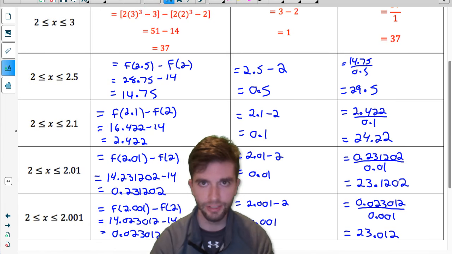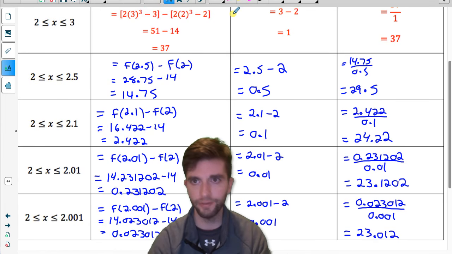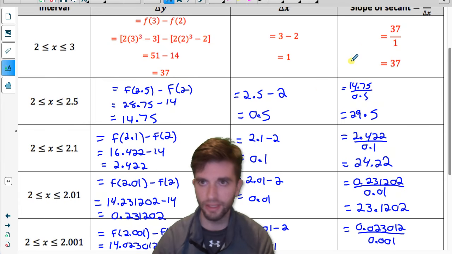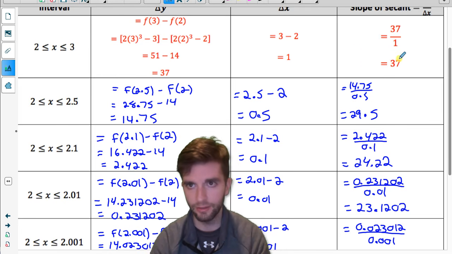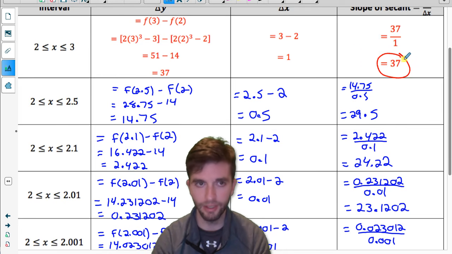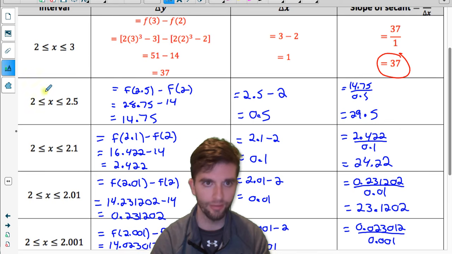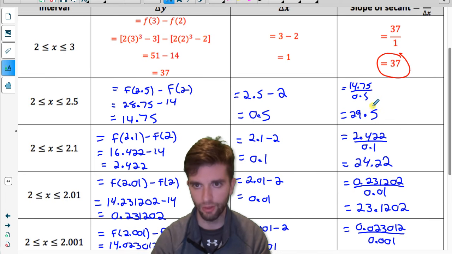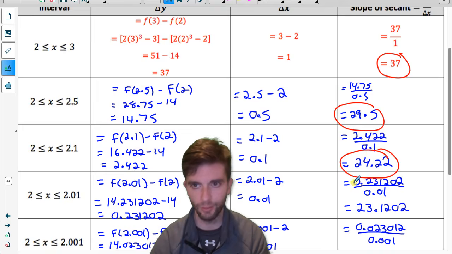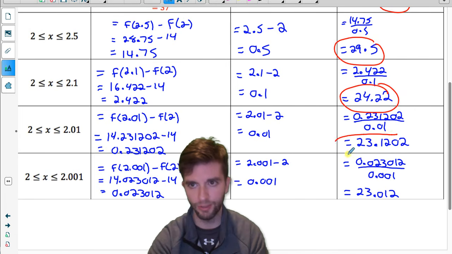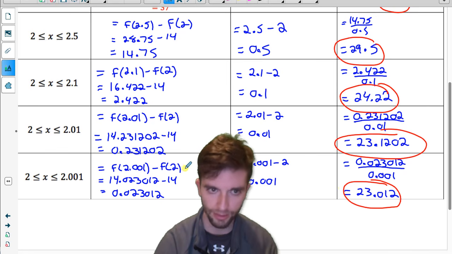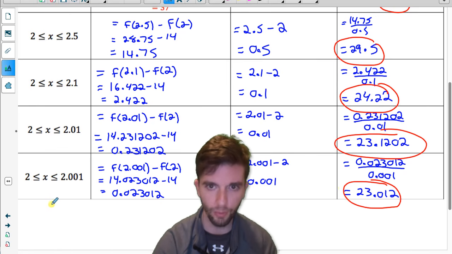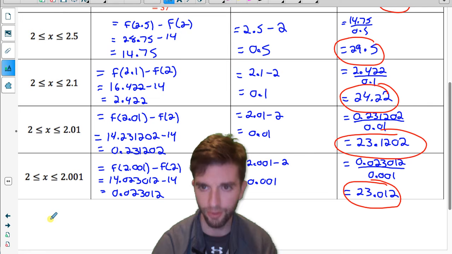Okay, now that all the calculations are done, let's look carefully at all of the slopes of the secants we found. We found the slope of the secant over the first interval. When the interval width was 1, the secant slope was 37. And then as we decreased the width of that interval, the secant slope went down to 29.5, to 24.22, to 23.1202, down to 23.012 when the points were only 0.001 units apart.